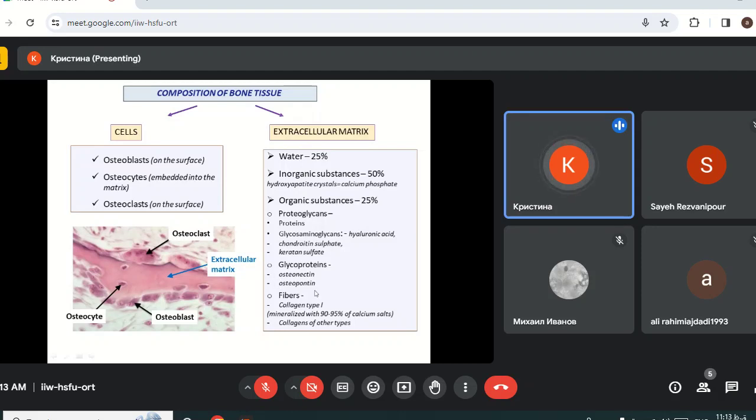They include osteonectin and osteopontin. These are the molecules which can help to attach crystals of hydroxyapatite, crystals of calcium phosphate salts, to collagen fibers to make the hard extracellular matrix of the bone.